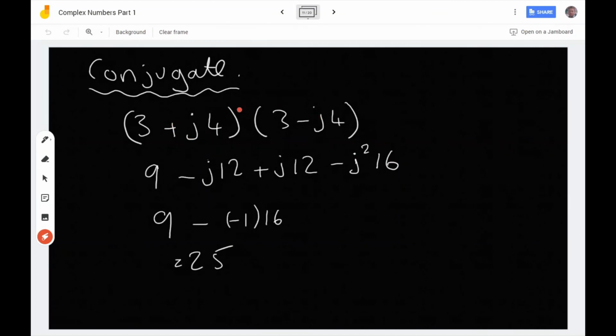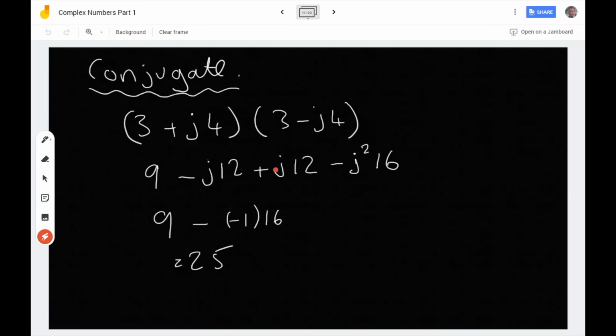And then we've got plus 4 times minus 4, so 4 times 4 is 16, so it's minus j squared 16. Okay, so because again we know that j squared is -1, it becomes minus 1 times 16, so that becomes 9 plus 16, which is 25.